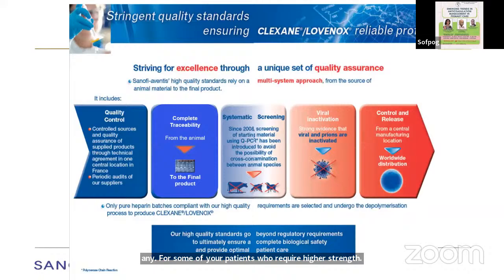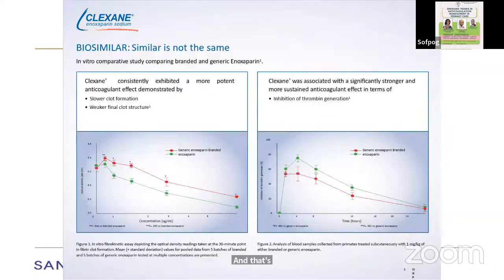And of late, we've been having a lot of generics and also copies on our market. So for Clexane, it's a biological molecule and stringent processes are taken to ensure that we have a drug that is very effective and a drug that can help your patients without activating any viruses in your patient. And that's what we are guaranteeing with the use of Clexane. And also, when we check from data, you cannot compare the two.